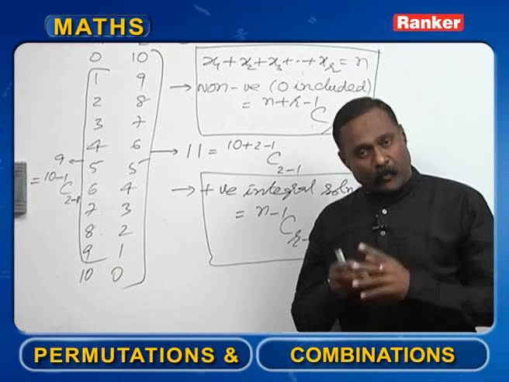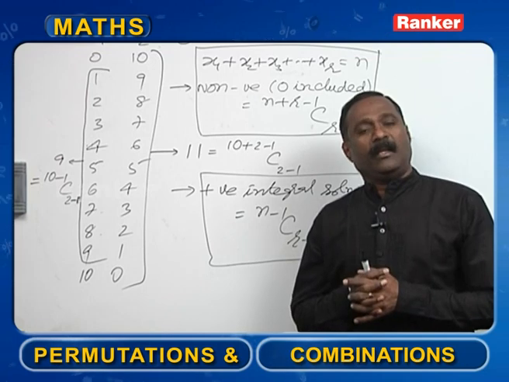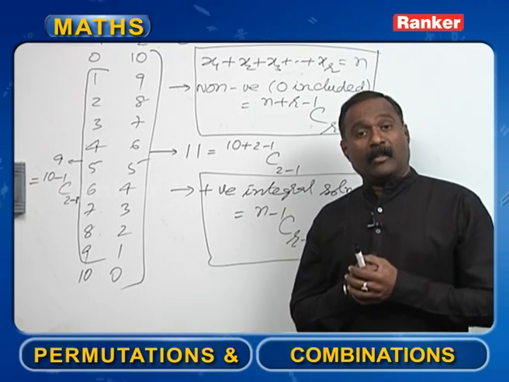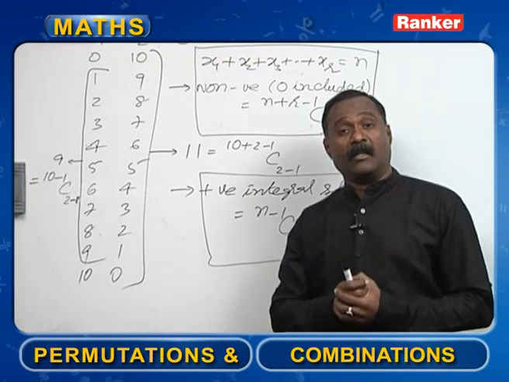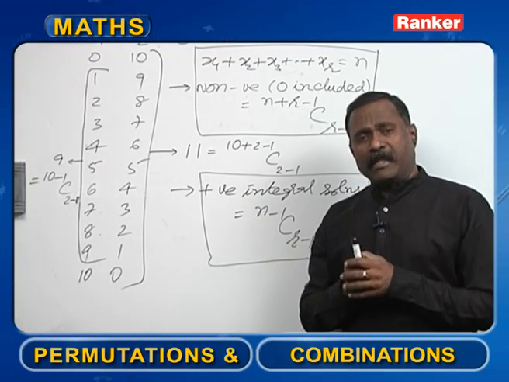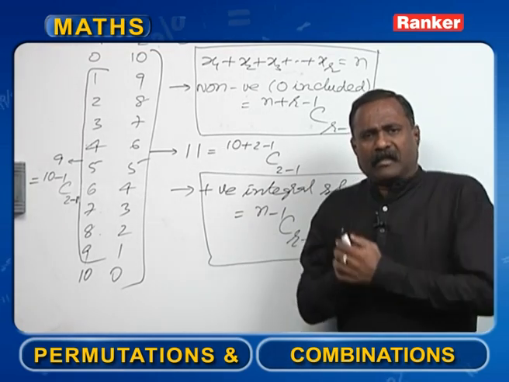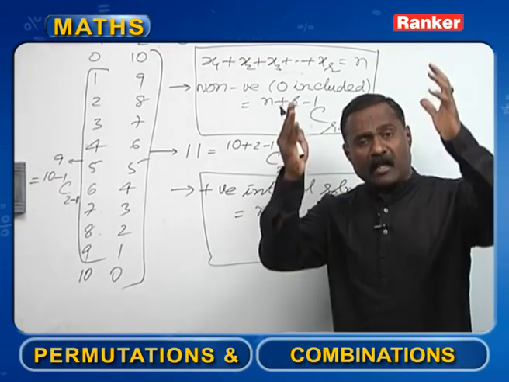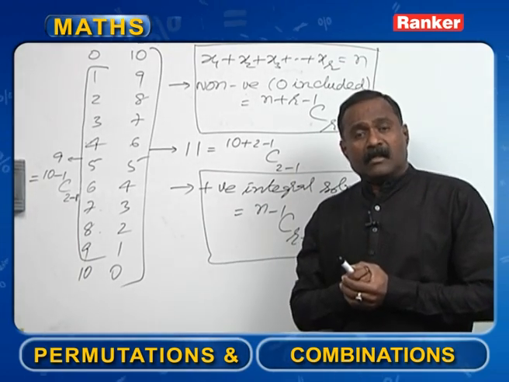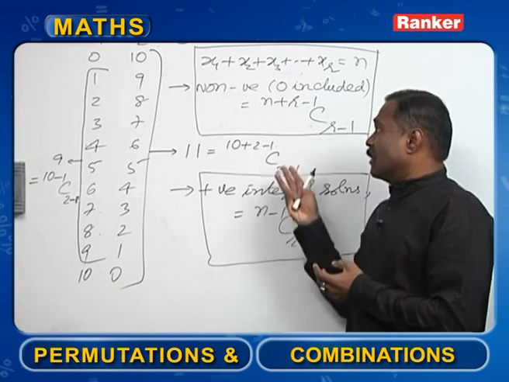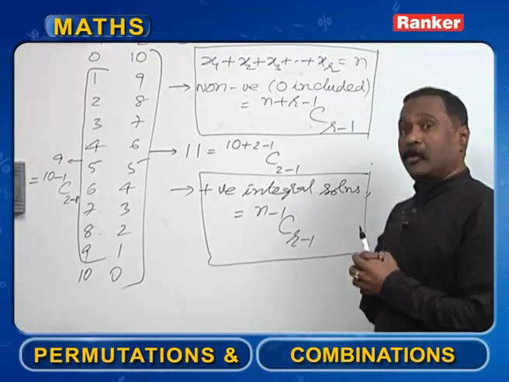For that we need the knowledge of binomial expansions, and whenever we start that topic, we will discuss how these are derived and how they can be applied to combinations. But for the moment, we are mainly focusing on JEE Main, wherein you will get straight questions like this. For those questions, this will be useful.